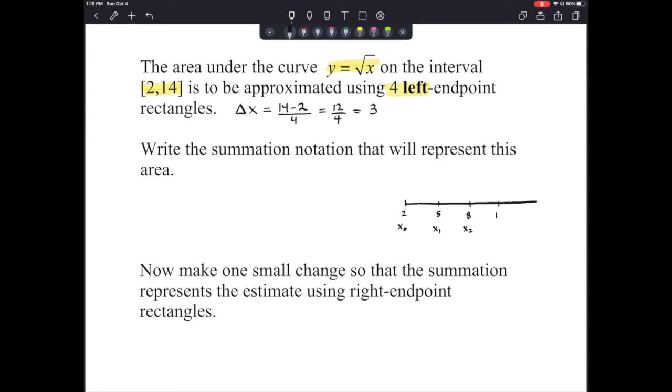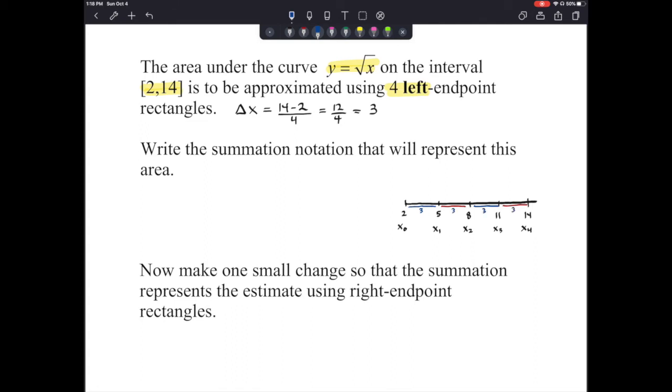We've got 11, which is our x sub 3. And then we've got 14, which is our x sub 4. And each of those would have been the base for one of our rectangles. We have a rectangle here and here, and then a rectangle here and there. So our base for each of our rectangles would have been 3.